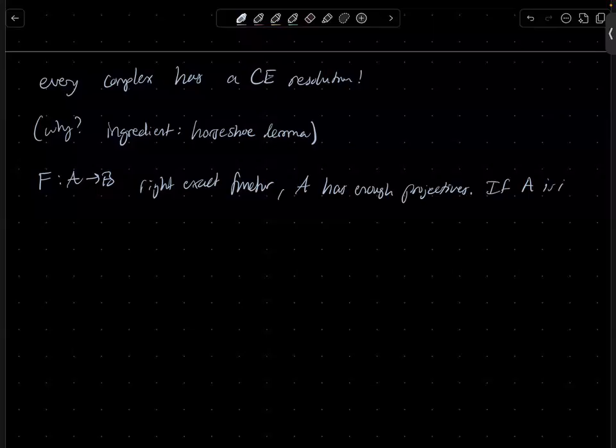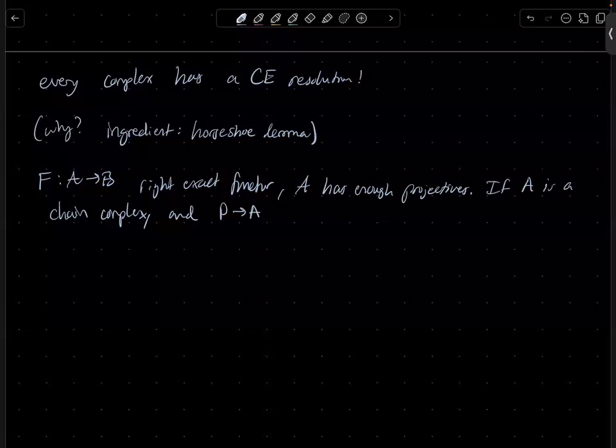If A is a chain complex, and P into A is a Cartan-Eilenberg resolution of A, then we can form these hyperderived functors of F. They're written with this blackboard bold L, which is a fun letter. L_i F on A.